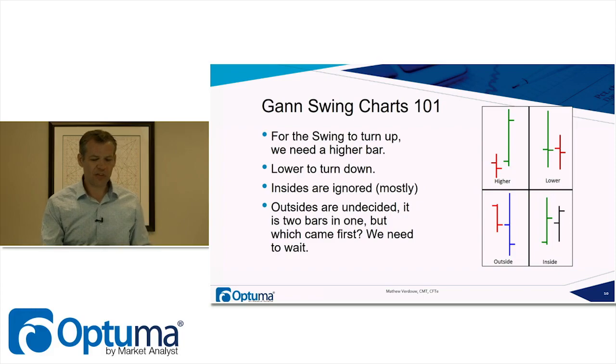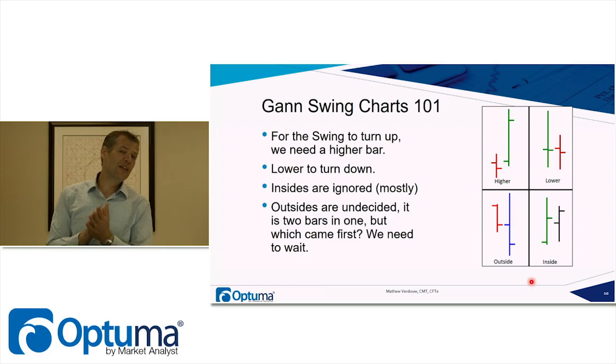So if we had a higher bar after this outside bar, we make the assumption that we had a lower bar first and then a higher bar. So the swing would come down to here and then go up. But if we had a lower bar here, then we make the assumption that we had the higher bar first, so the swing would go up to the top, and then we had the lower bar, and it would go down.